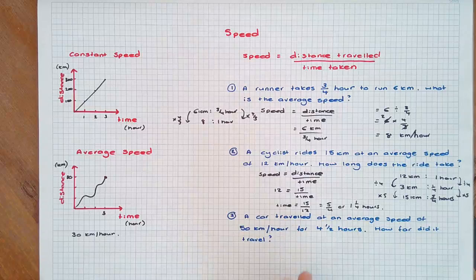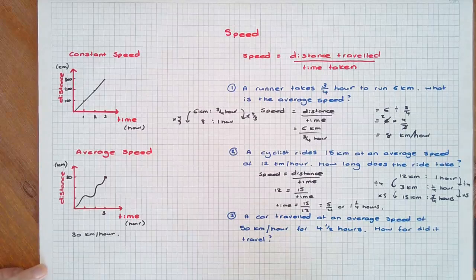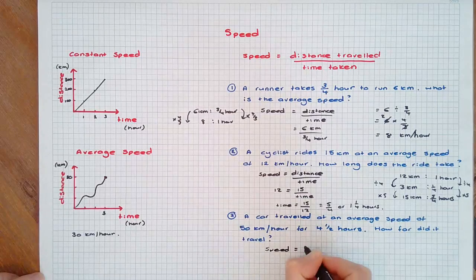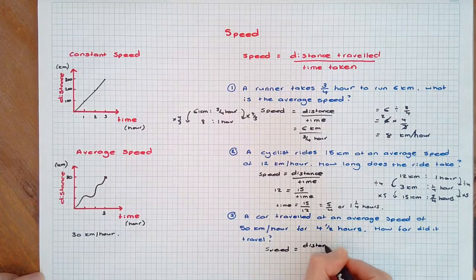In our final example, a car travelled at an average speed of 50 kilometres per hour for 4.5 hours. How far did it travel? Again, we've been given speed. Speed equals the distance divided by time.